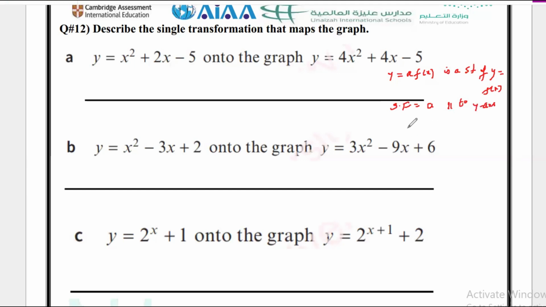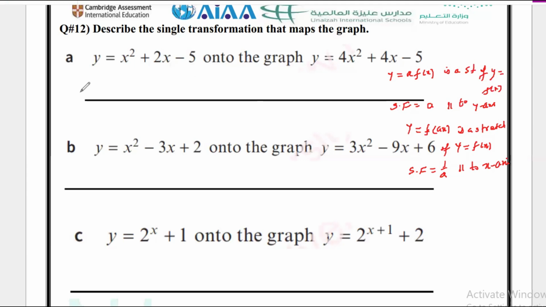And if we have the function y is equal to f of ax, this is a stretch of graph y is equal to f of x, then the stretch factor is 1 over a and parallel to x-axis. So remember this concept that will help you.